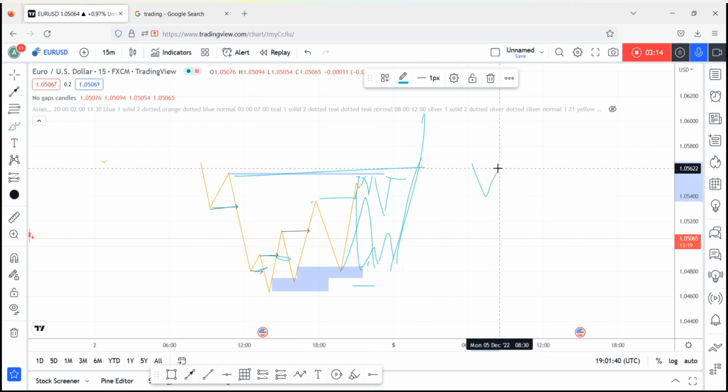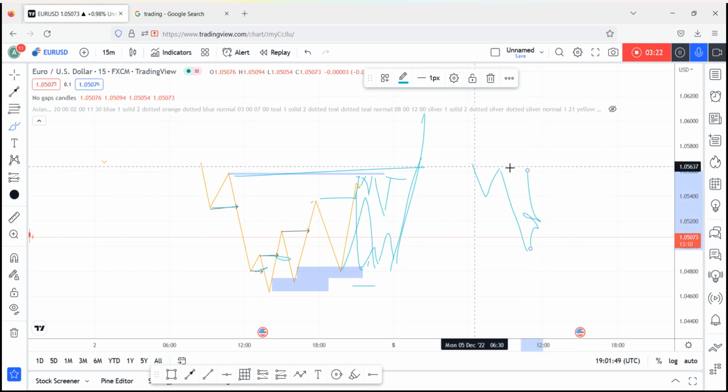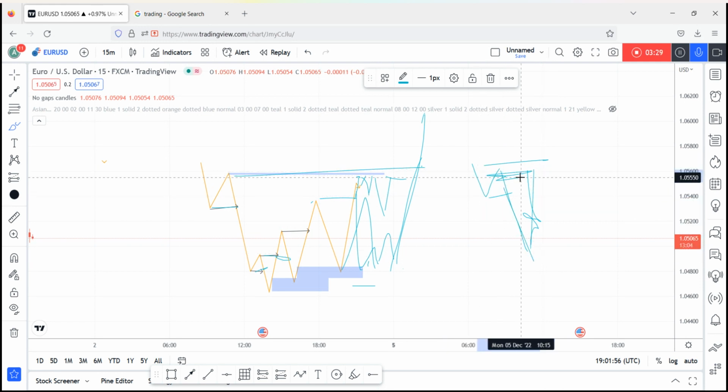If price is making a break of structure like this, and if price does not create any demand zone from here, then you can take a risk entry from here, right? Price made a break of structure from here, went to the downside, then you can take the risk entry from here.